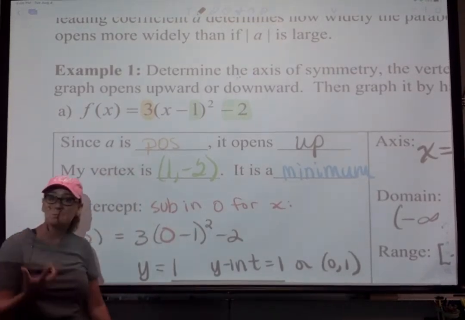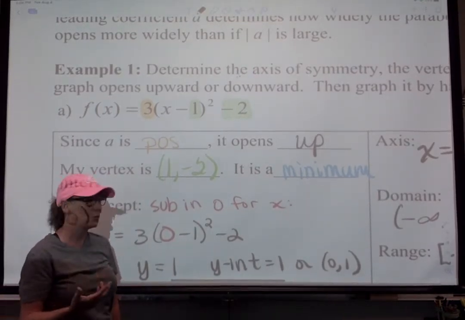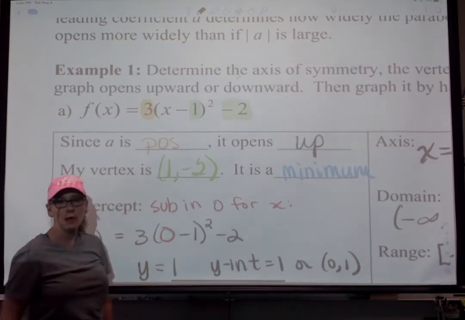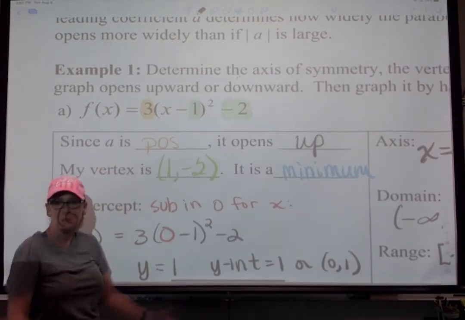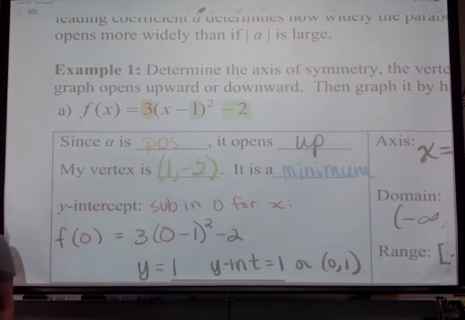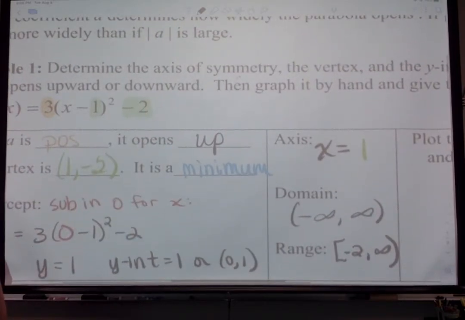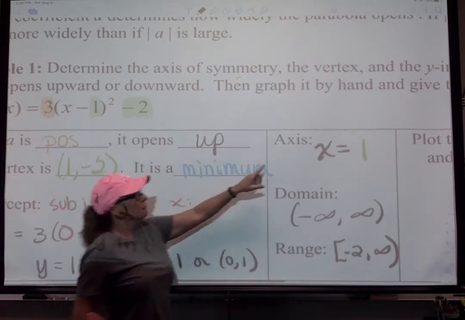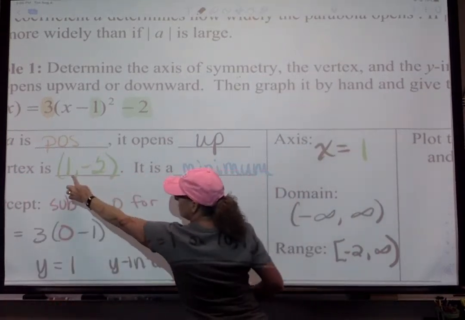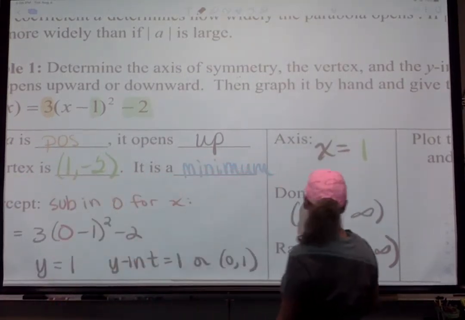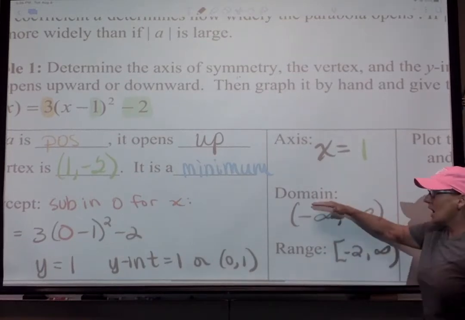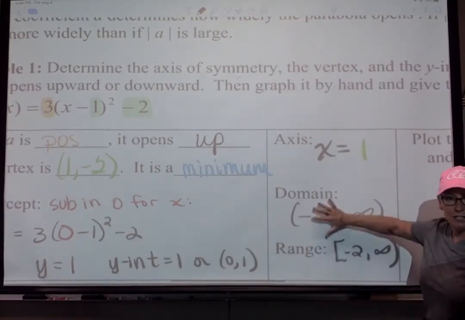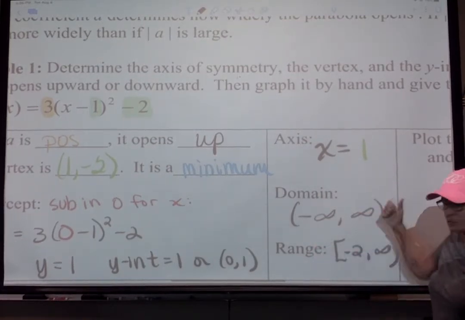MyMathLab is usually specific, and it'll tell you if it wants you to write your y-intercept as an ordered pair. Just make sure you follow the directions. The axis of symmetry is always going to be a vertical line right there. Now, I'm going to hold off on domain and range for just a minute because it wants us to graph it. So let's go graph it.